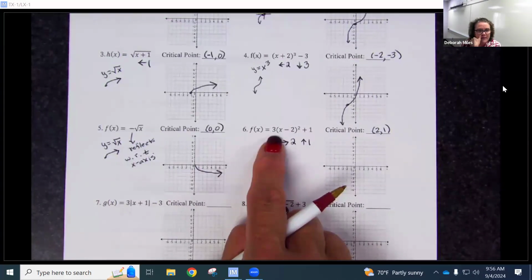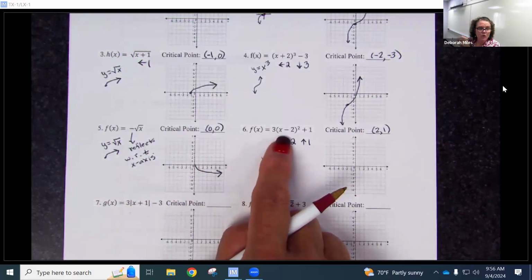This 3 definitely affects the graph, but it affects the width of the graph, how wide or narrow it is. If I wanted the exact width, I'd have you choose some more x's, find some more y's.